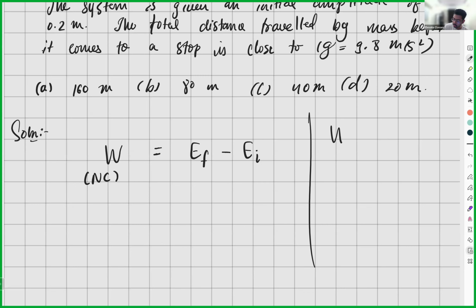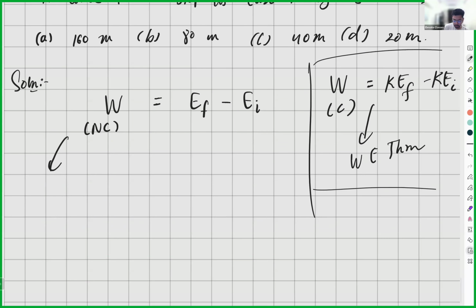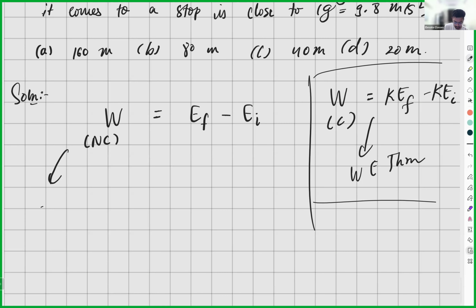And then there is another expression: work done by conservative forces. This doesn't bring a change in total energy, but it can bring a change in the kinetic energy. So this is kinetic energy final minus kinetic energy initial. That's the work energy theorem, na, sir? Yes, this is the work energy theorem. So what is the work done by the frictional force? Work done by frictional force is minus F d, where F is the frictional force and d is the displacement.